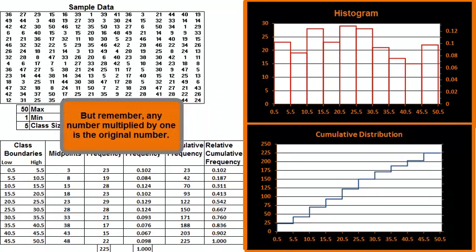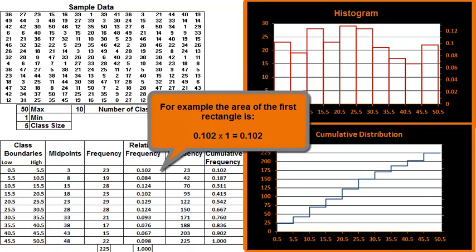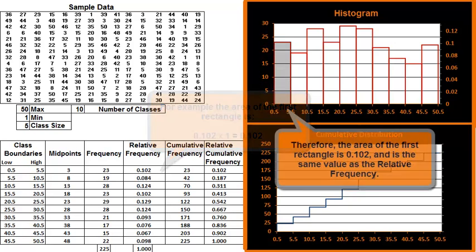But remember, any number multiplied by 1 is the original number. For example, the area of the first class is 0.102 times 1 equals 0.102. Therefore, the area of the first rectangle is 0.102 and is the same value as the relative frequency.